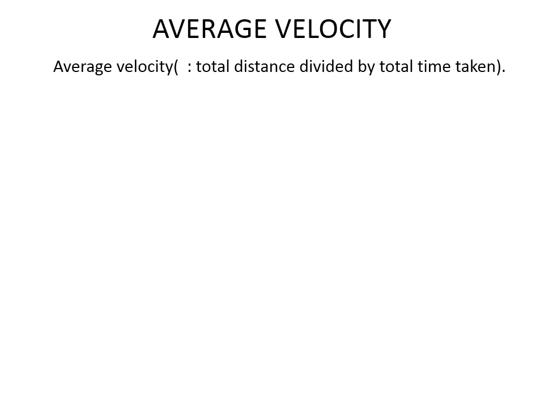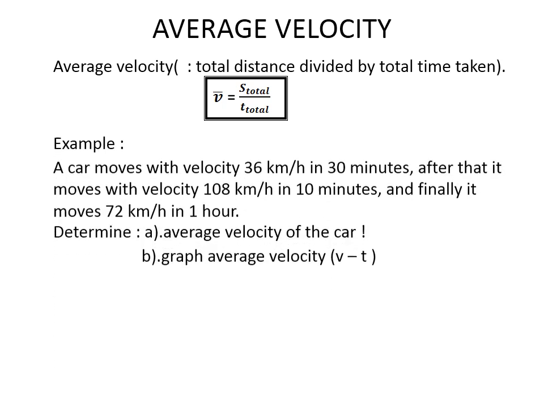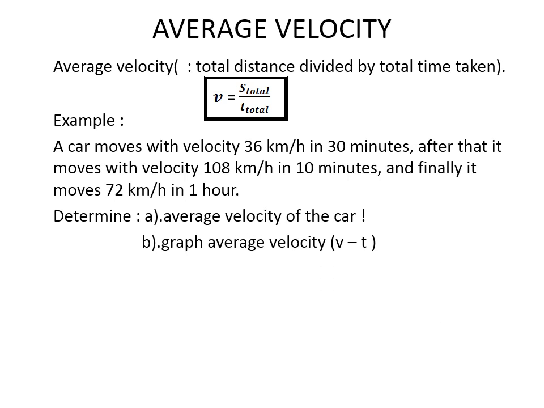Because of that, average velocity can be formulated as s total per t total. To understand average velocity, we will see the example below. A car moves with velocity 36 km per hour for 60 minutes.